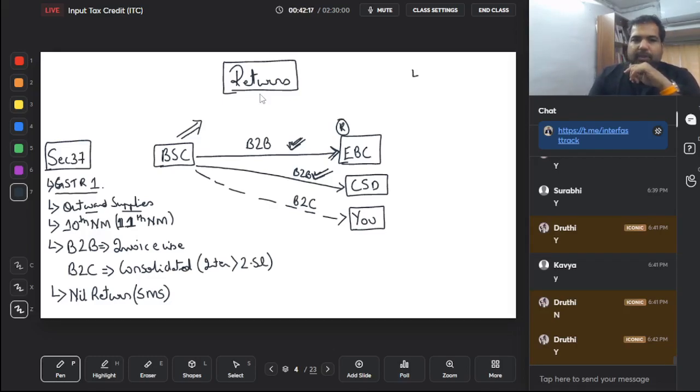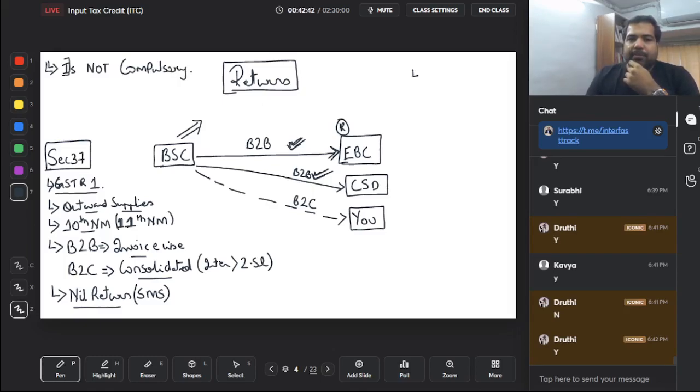Next, I'll write here only above. Guys, this one GSTR 1, B2B we understood, B2C we understood, nil return we understood. Some people don't have to file this return. Guys, it's a very good shortcut. Is not compulsory. These people don't have to file this return. I'll tell you what is the shortcut.